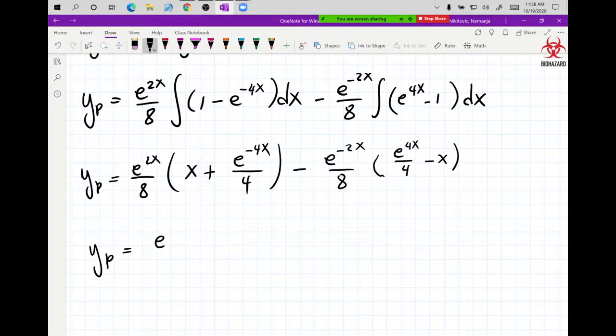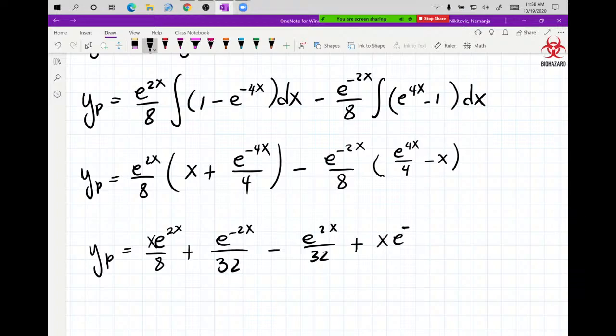So that becomes e to the 2x times x over 8 plus e to the minus 2x over 8 times 4 is 32, minus e to the 2x over 32, minus and minus makes a plus x e to the negative 2x over 8.